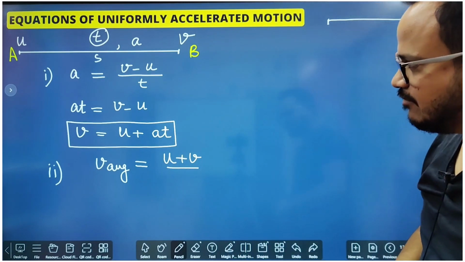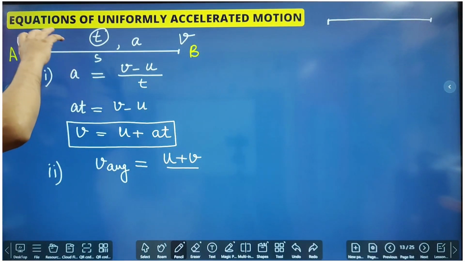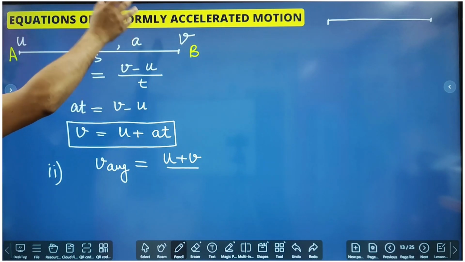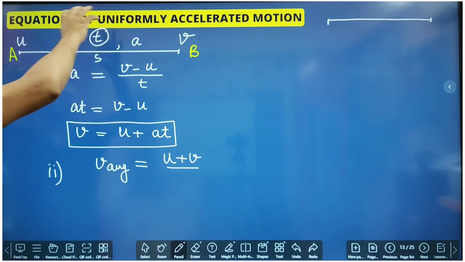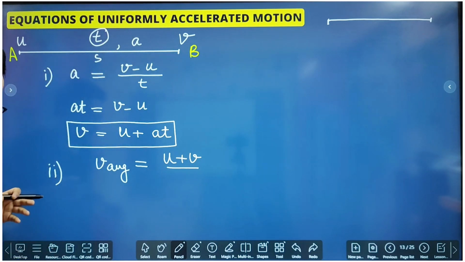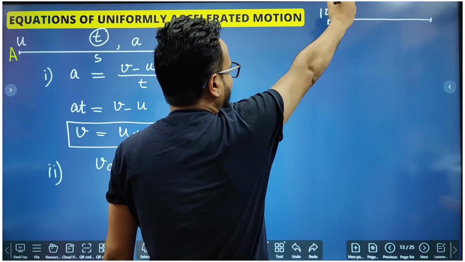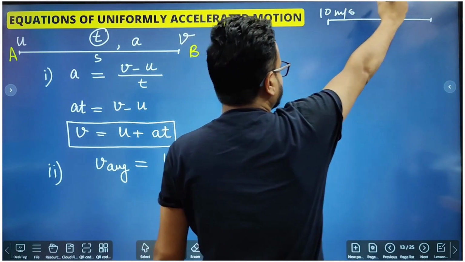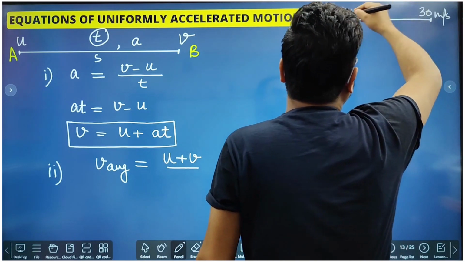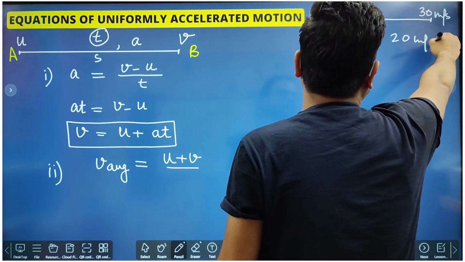Average velocity gives you a value such that if the body travels with a fixed speed from A to B and it covers the same distance in the same time, then what should be that fixed speed? Got it? For example, suppose the velocity of the body at this point was 10 meter per second, and at this point it was 30 meter per second, right? And in this case the average velocity comes out to be 20 meter per second.